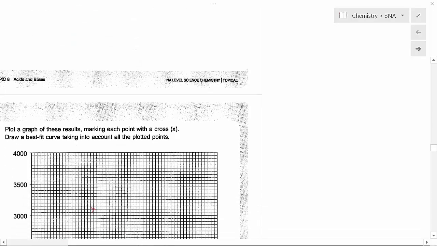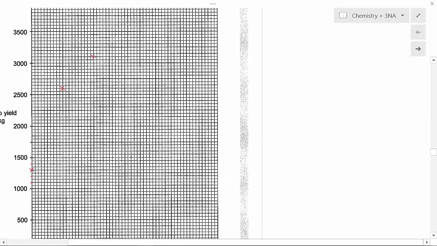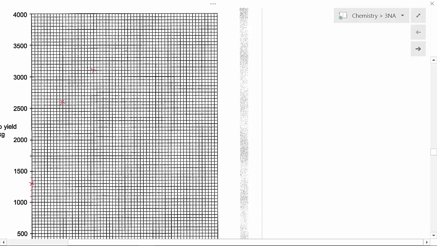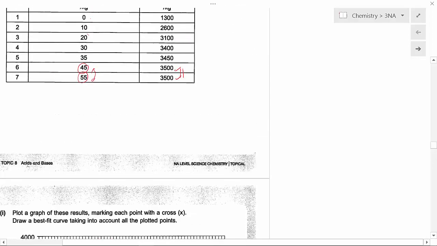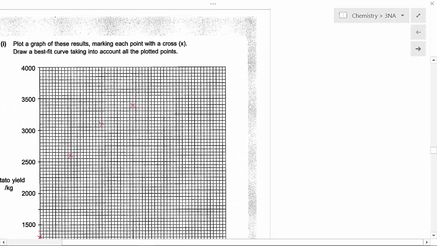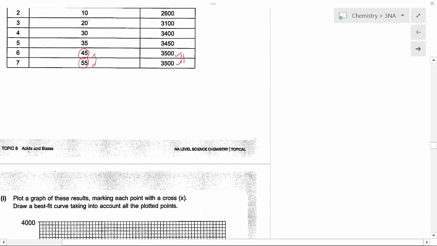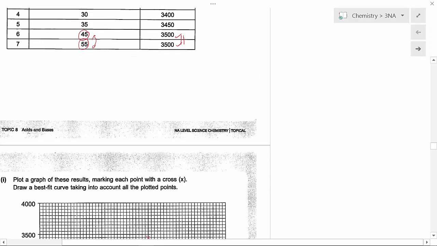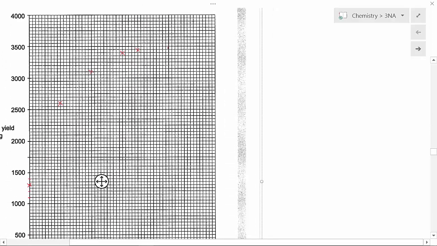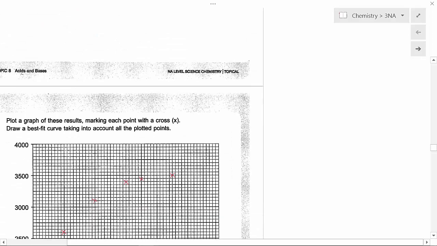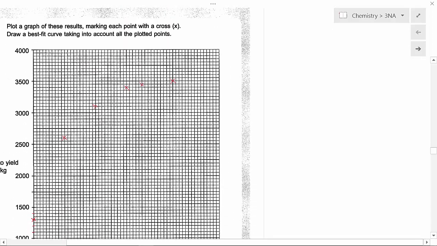And 30 is 3004. And 35 is 3450. And then 45 is 3005. 35, 45. Okay, 45 is somewhere here. 3005. And 55 is 3005.